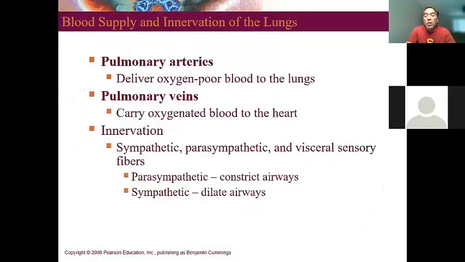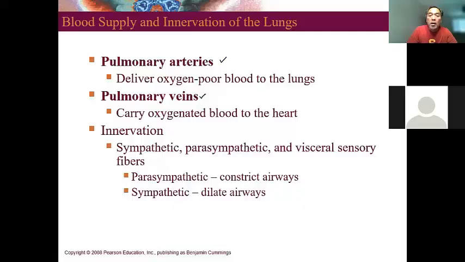And then the vessels that wrap the alveoli are the pulmonary arteries. They carry oxygen-poor blood, okay? And the pulmonary veins carry oxygenated blood. You see them wrapping around the alveoli like a net. And we identify the pulmonary arteries as blue because they're unoxygenated, and the pulmonary veins as reddish because they're oxygenated.